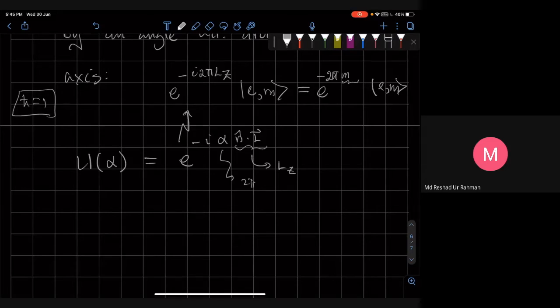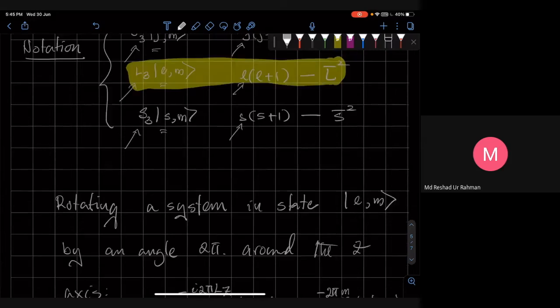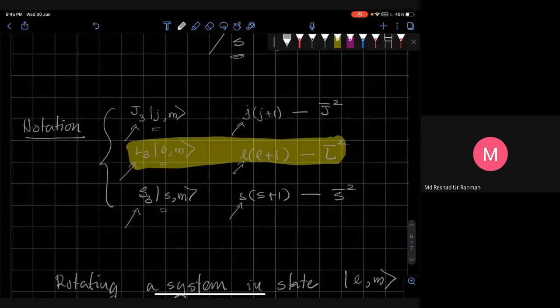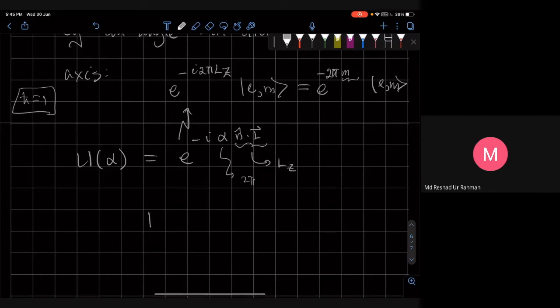Yeah. So why aren't you sure? What do you get when you apply Lz on Lm? Oh yeah, I'll get m. Right. And now if I raise it to a power n, you'll get m to the power n.